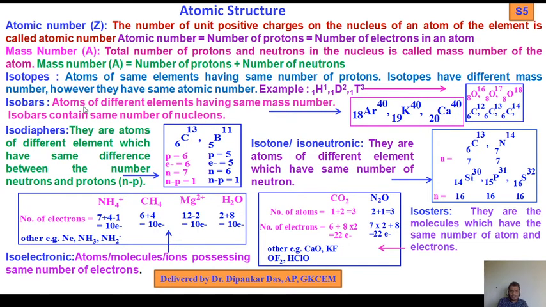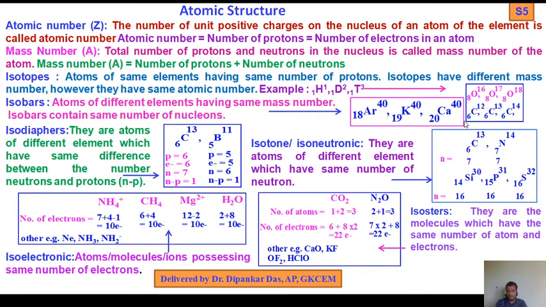Isobars: atoms of different elements having the same mass number. So atoms of different elements having the same mass number are called isobars. So the atoms of different elements should be different, but in the case of isotopes the element is the same.